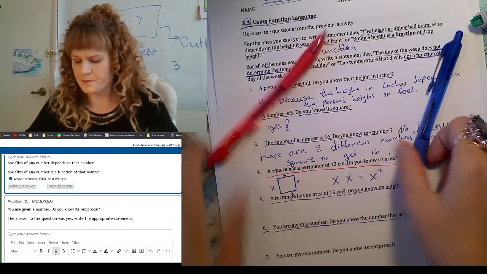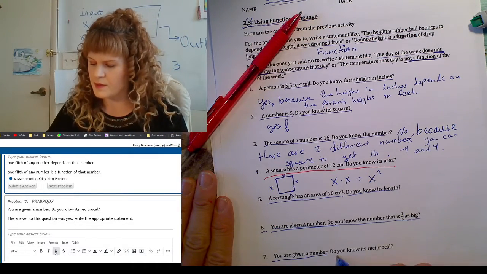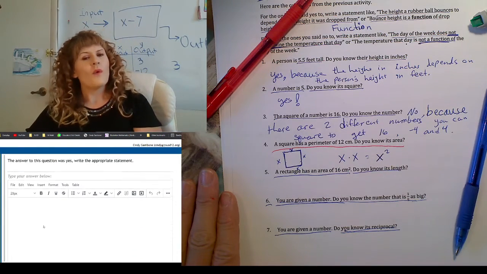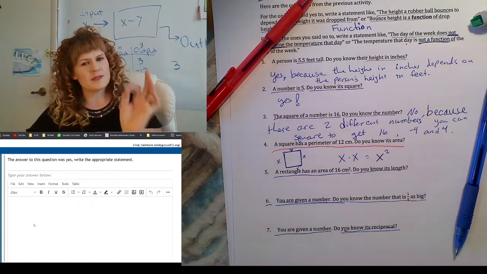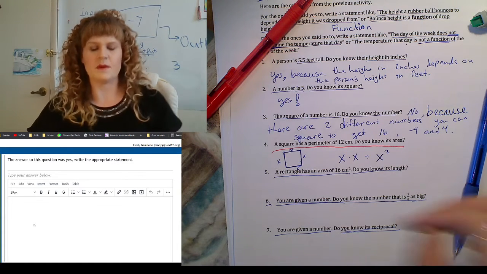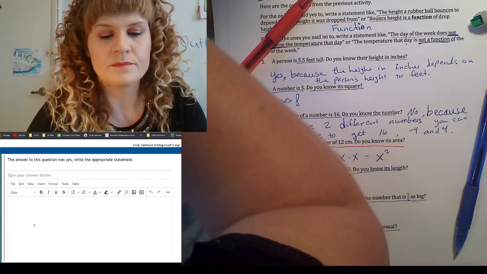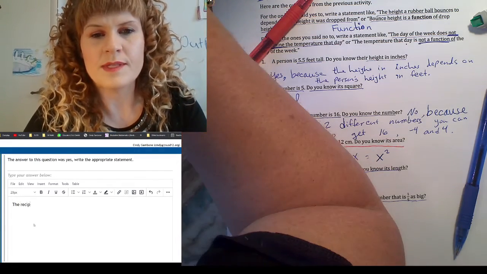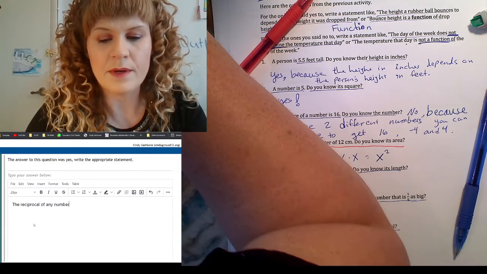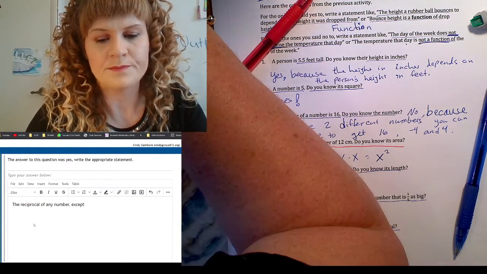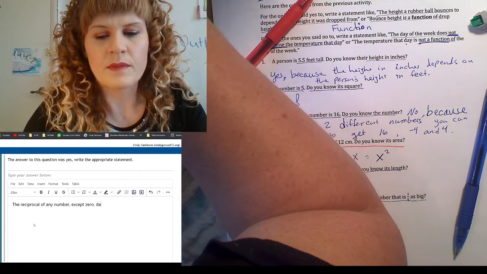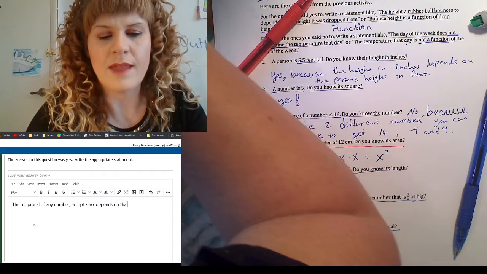One more to go. You are given a number. Do you know its reciprocal? Well, if the number is 0, you cannot take the reciprocal because you can't divide by 0, but any other number you do. The reciprocal of any number except 0 depends on that number.